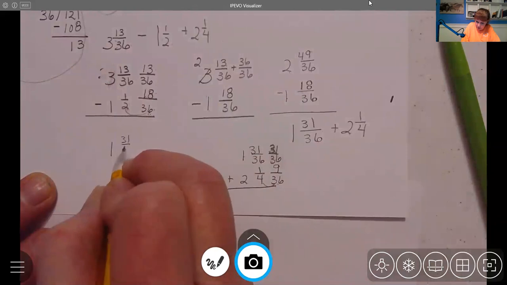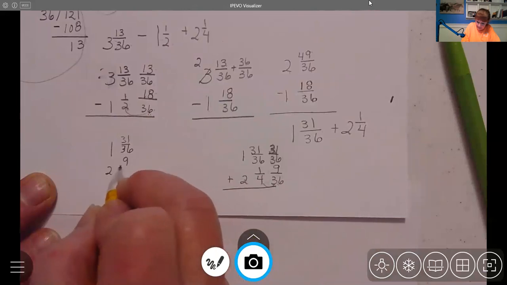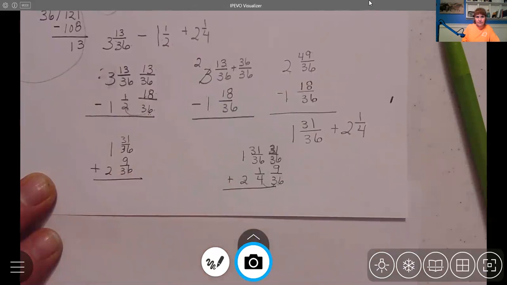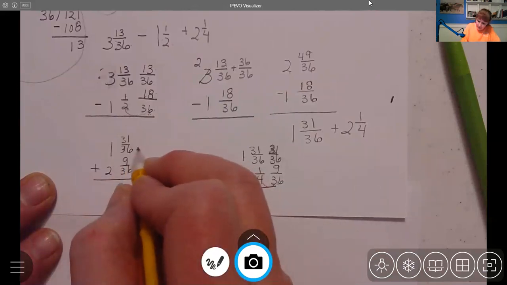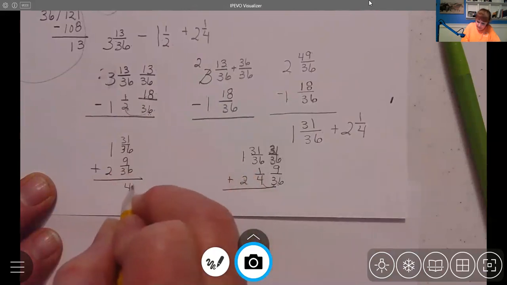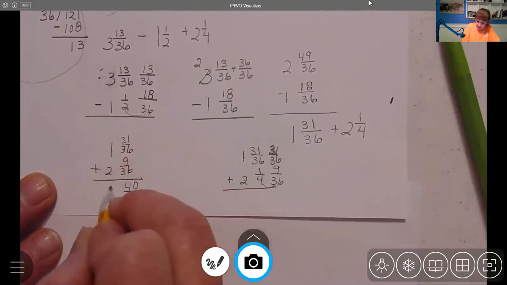That one didn't change. 2 and 9/36. And we're going to add this time. We're adding that. So we come up with 40 over 36. 1 plus 2 is 3.